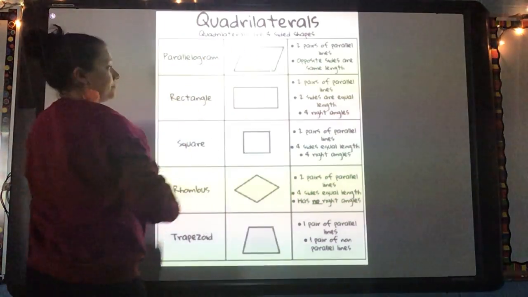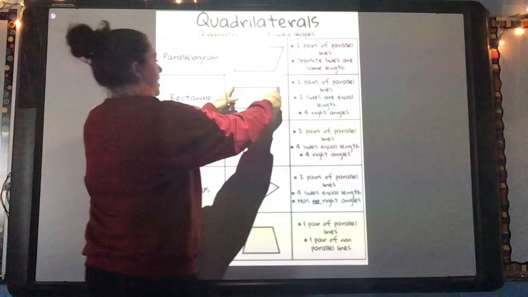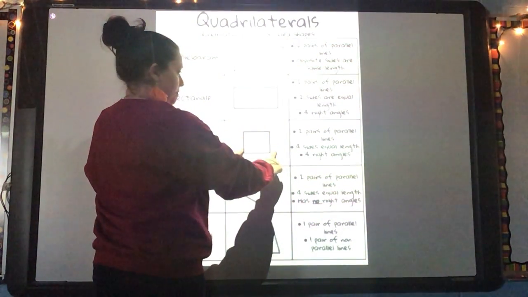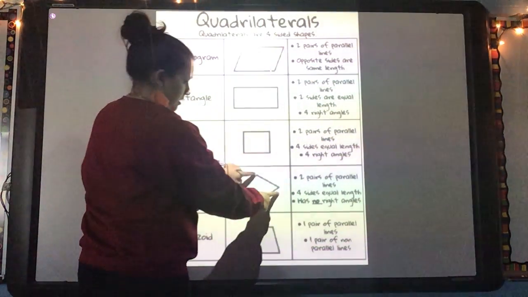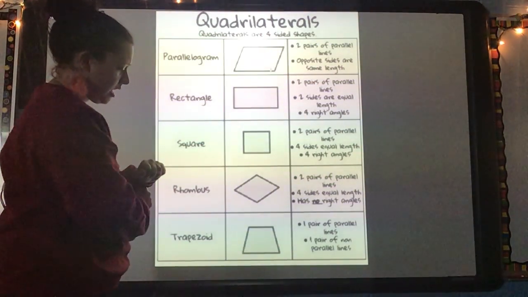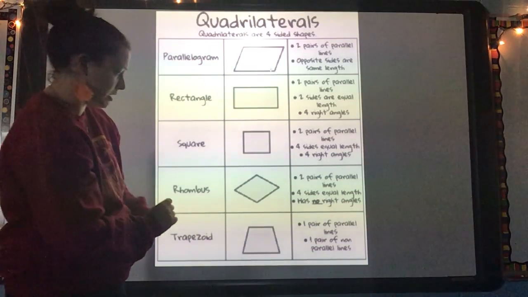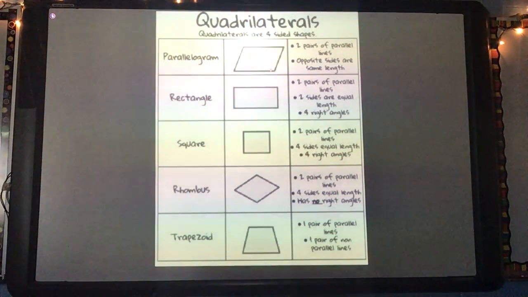You can do it with every single one, except for the trapezoid. These two are parallel. These two are parallel. Do these two have two that are parallel? No, this one only has one set that are parallel. Okay.